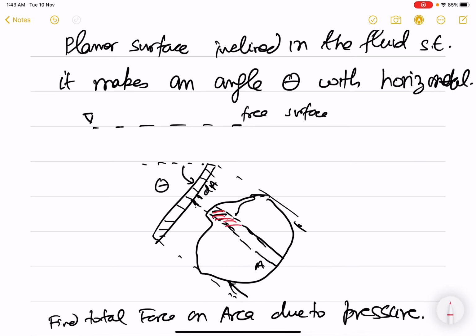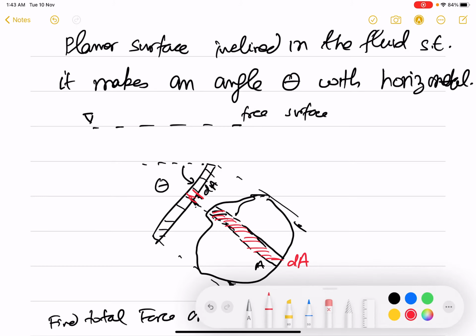This is the area dA which one considers.